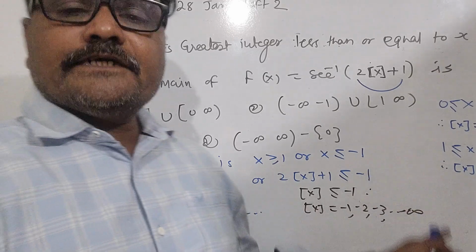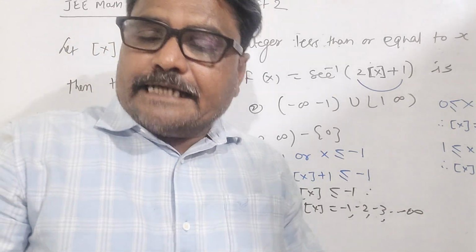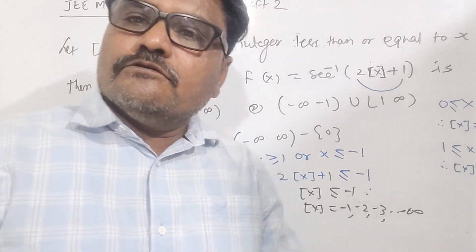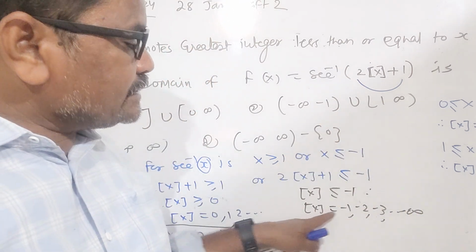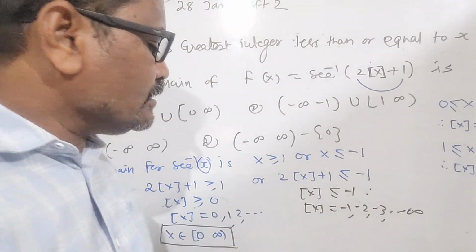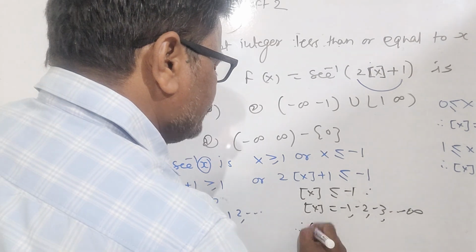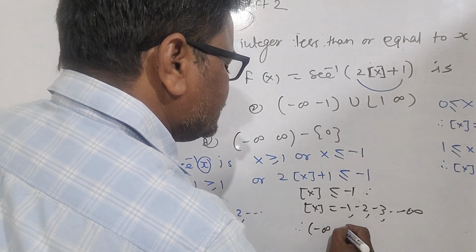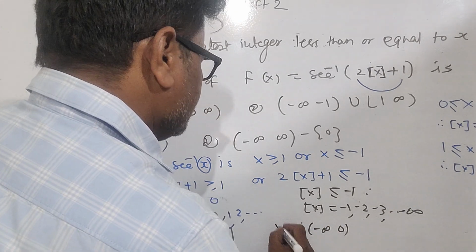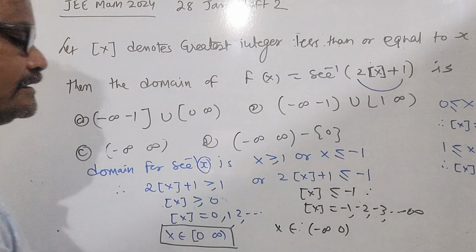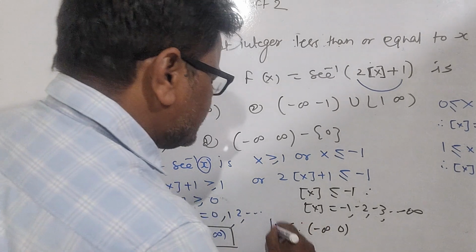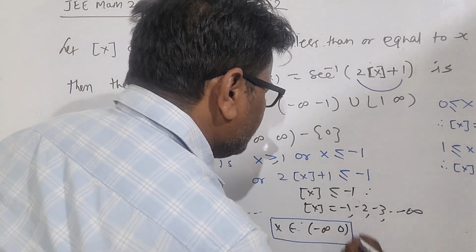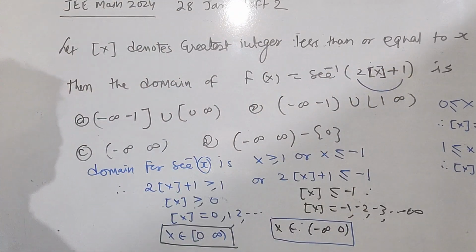By similar argument, when x is from minus 1 to 0, including minus 1, then box of x is equal to minus 1. So all those numbers from minus infinity to 0, for this x we say that the given function is defined.